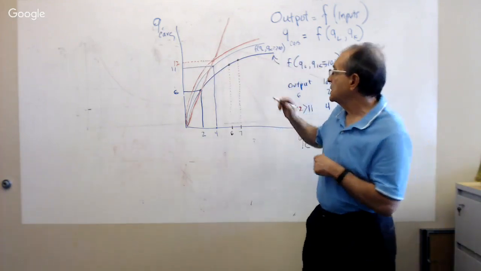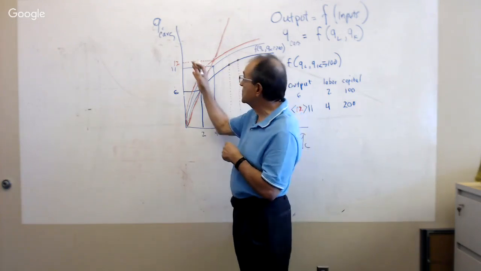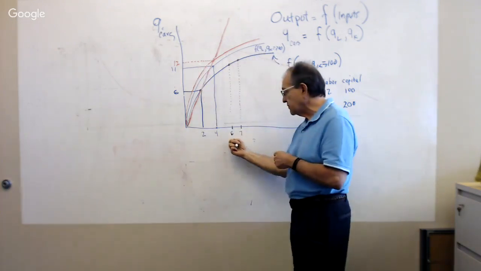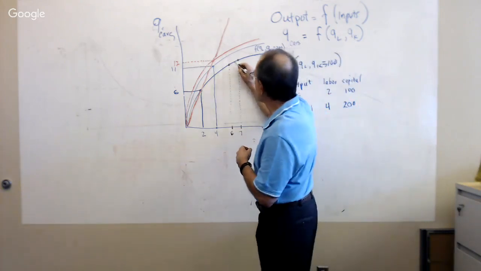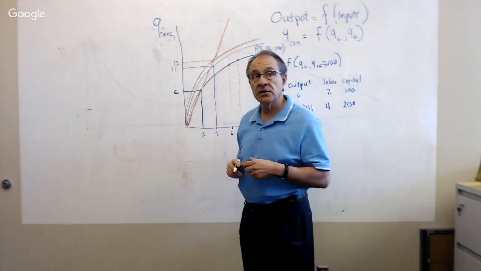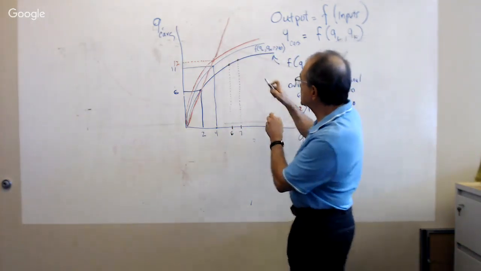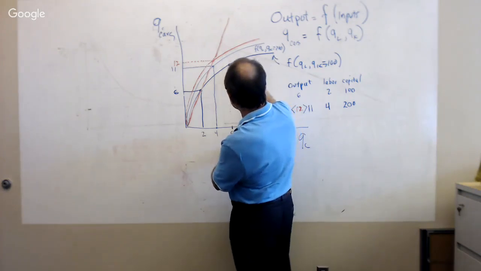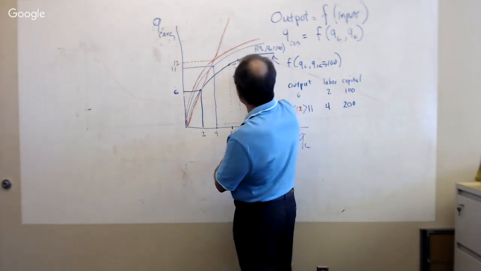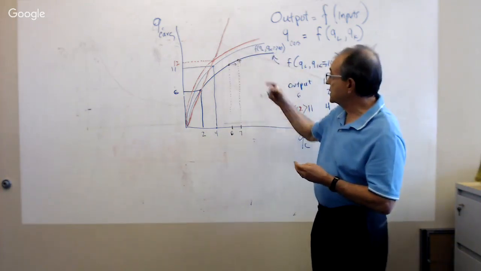So there's a half increase in the number of cars produced as a result of a 1 unit increase in labor. So the marginal product of labor along this segment is 1/2 car. It's the slope: the distance up, 1/2 car, divided by the distance across.